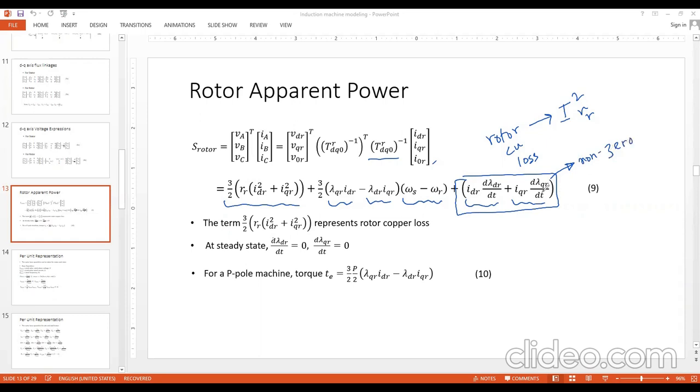However, if your induction machine is running at steady state speed, no dynamics, no transient, then this would become 0. So under steady state, this is 0. Under dynamic state, this is non-zero.